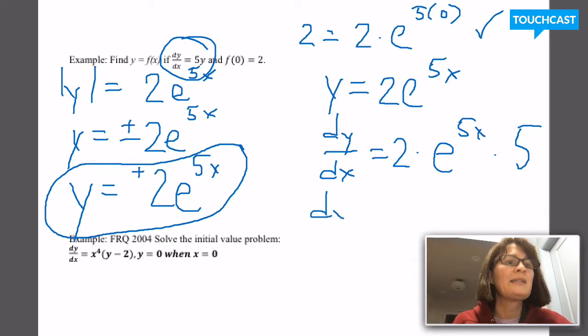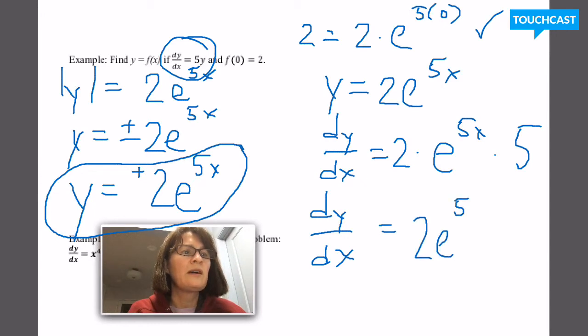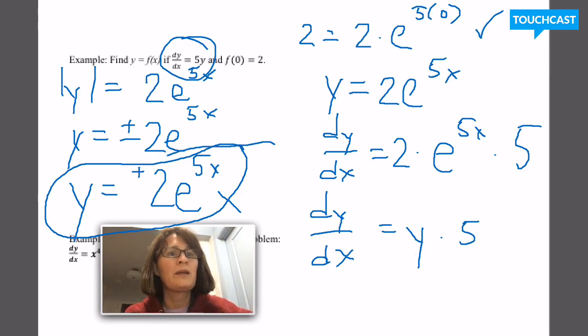And notice that dy/dx, I could rewrite this here. What could I write in place of 2e to the 5x? Well, notice that 2e to the 5x is equal to y times this 5. So dy/dx does in fact equal 5y. Proves that we had the right answer up here.